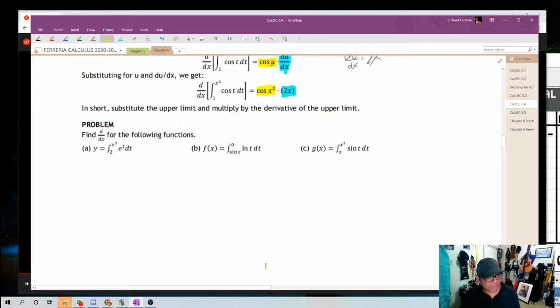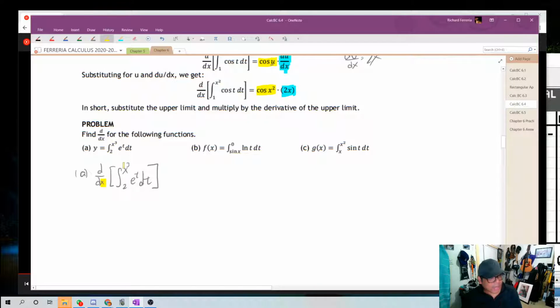Let's try that for these. For part A, if I take the derivative with respect to x of the integral from 2 to x cubed of e to the t dt, first of all, let's see, do the limits match?